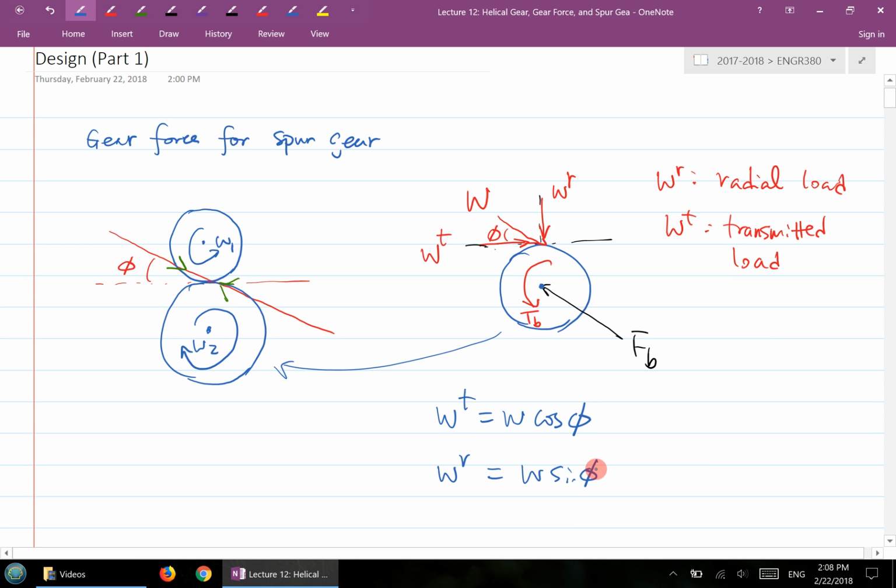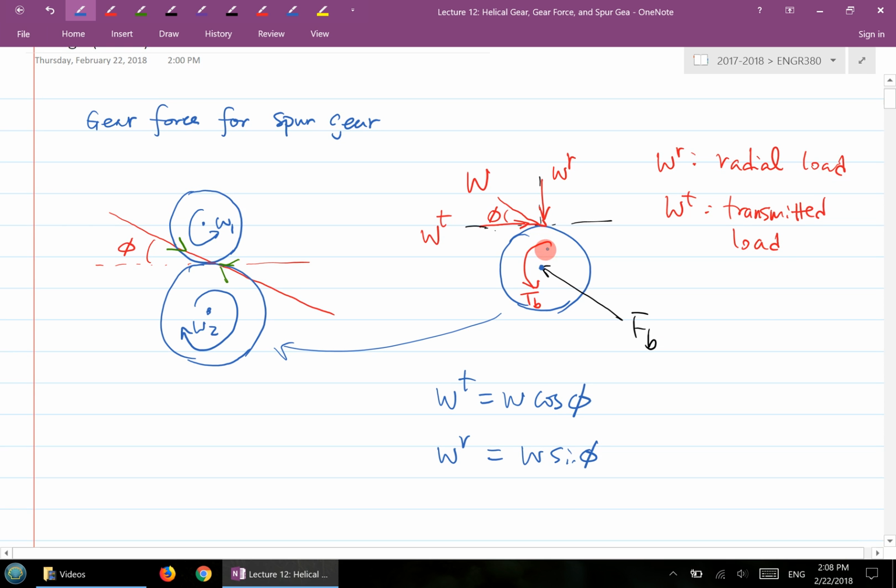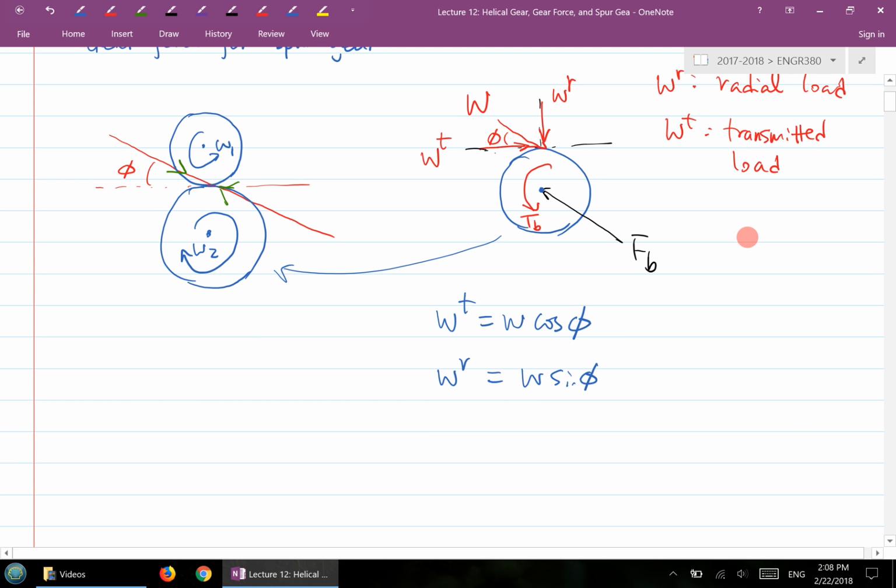Why WT is called the transmitted load is because WT is a horizontal force, and the torque is generated by WT, because WR goes through the center here. So WR does not generate any torque, and WT will generate the torque. The torque generated by WT is WT times half of the diameter.